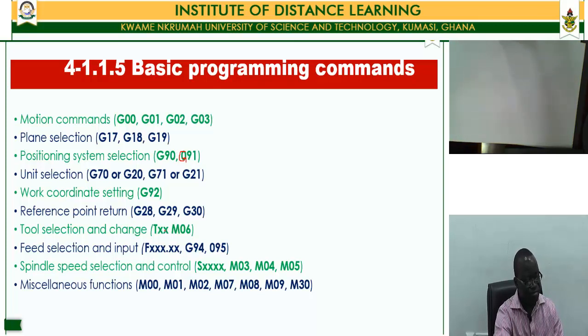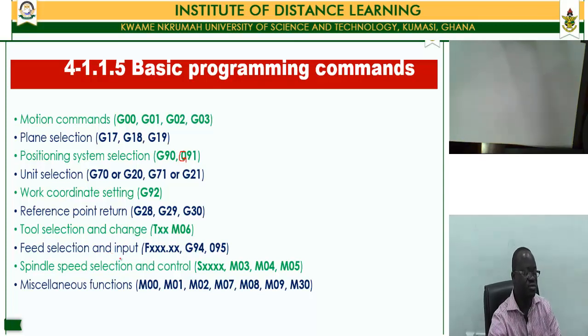Then we have the tool selection or tool change command. That is, if you give an M command, which is a miscellaneous command, M06, it means you want to make a tool change or select a new tool to work.